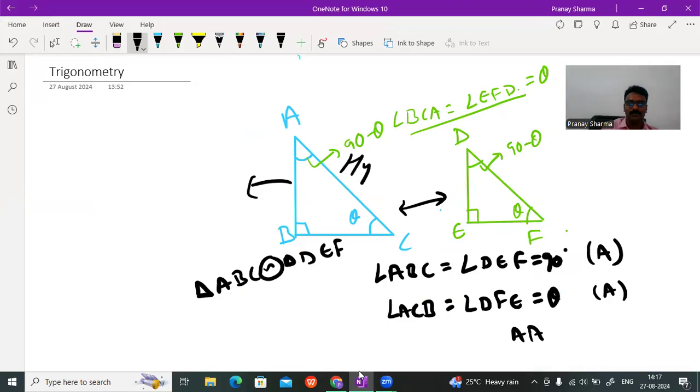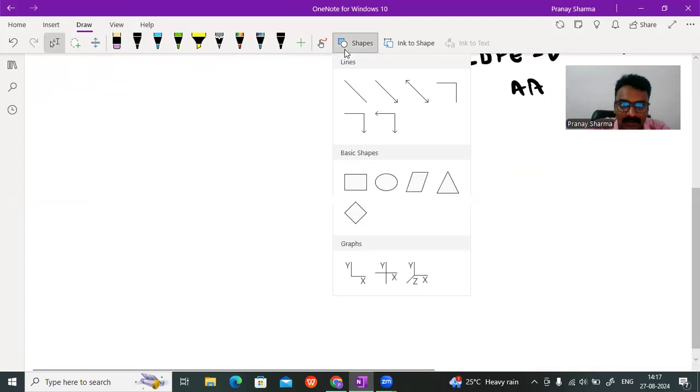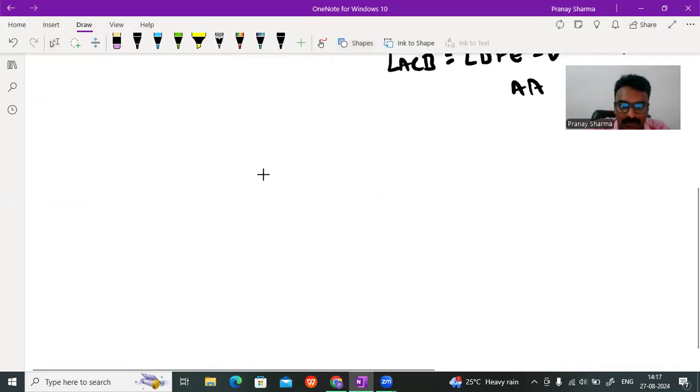Let us call this the hypotenuse, this the base, and this the perpendicular. Perpendicular is the height. However, this BC can also be treated as perpendicular. Let me draw it again, because it is looking a little clumsy, and I don't want things to get distorted.